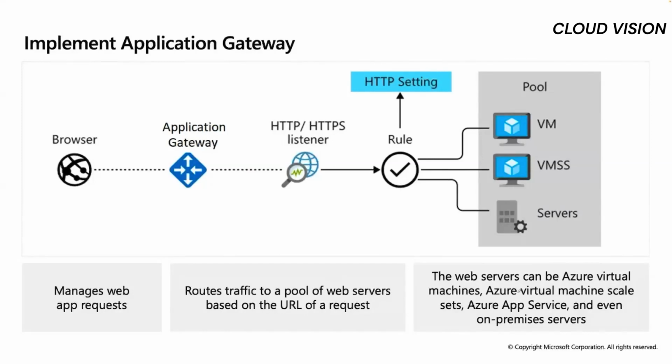It's another type of resource in Azure, and the application gateway sends a request to the HTTP listener, goes to the HTTP setting and the rule, and the rule-based allocation happens. So it routes traffic to a pool of web servers based on the URL of a request. Now this request could be like, okay, if it is an image request, send it to this VM. If it is a video request, send it to this VM. Could be like that. Okay.